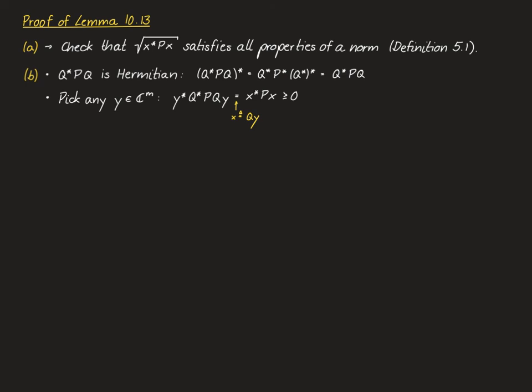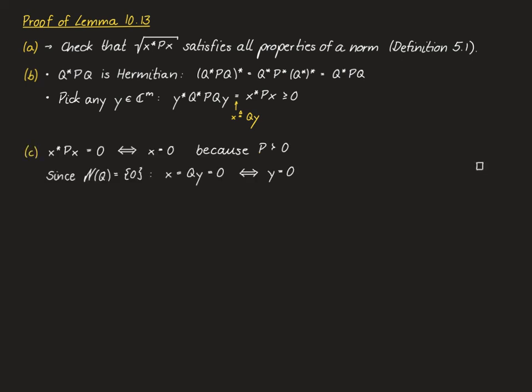And this holds by defining the vector x as Q times y. So here we obtain x star P x, which is greater than or equal to 0 by the fact that P is positive semi-definite. And for part C, note that we have x star times P times x is equal to 0 if and only if the vector x is 0, and that's because P is also positive definite.